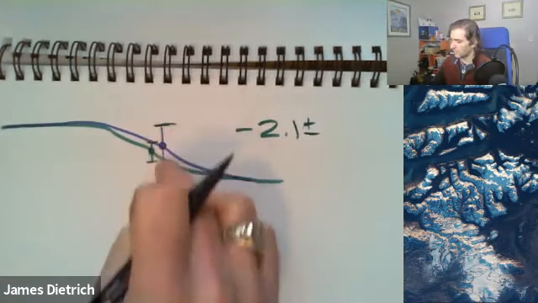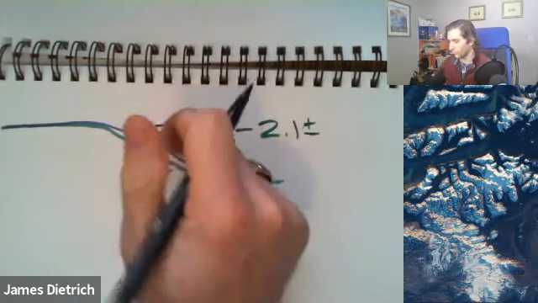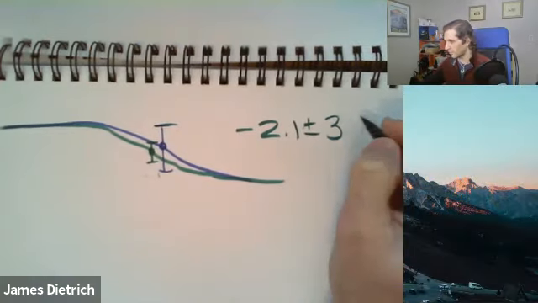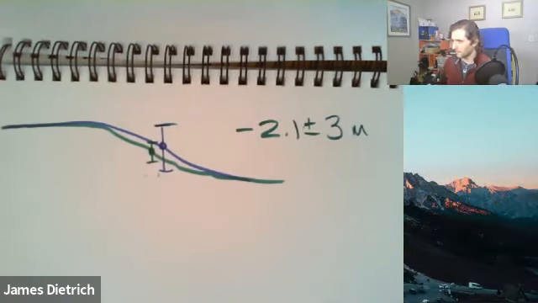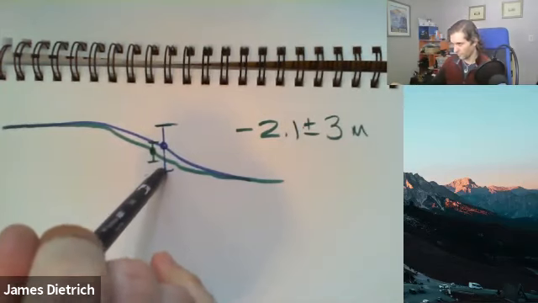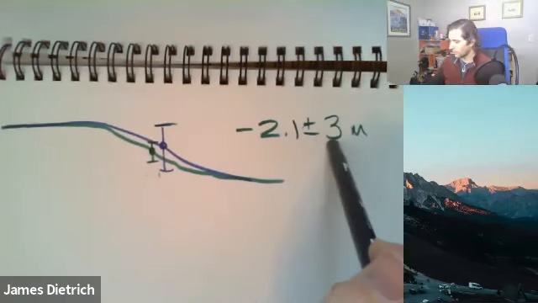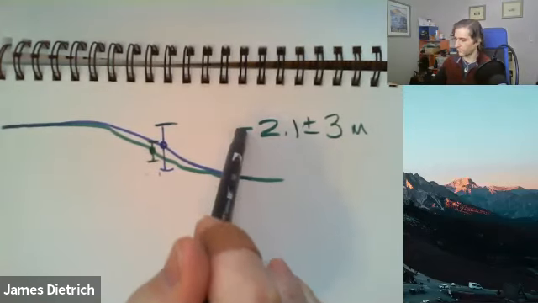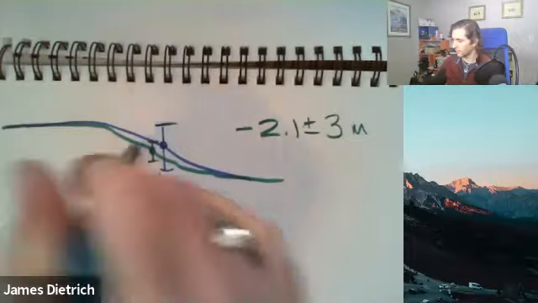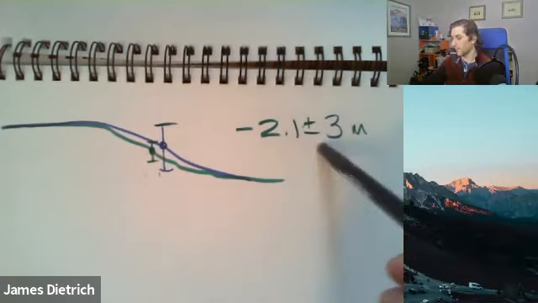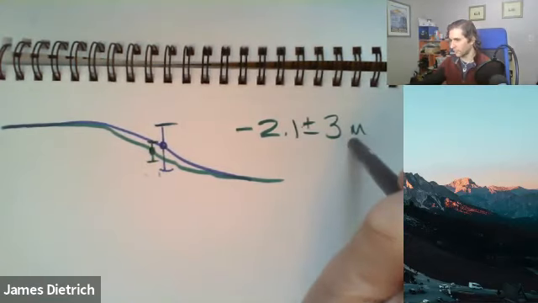If we measured the first one with a really coarse measurement, it's going to be plus or minus about 3-ish meters. So we'd have to incorporate that error into our measurement, and we'd say the difference between the first surface and the second surface is minus 2.1 meters, but it's plus or minus 3 meters based on the error in our measurement.